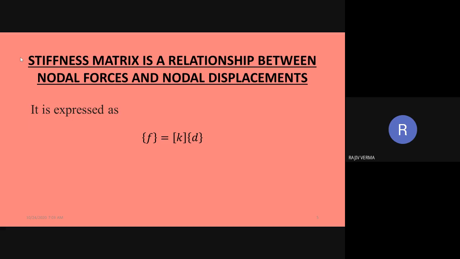But for a body to deform, it really is necessary that the body should be constrained at some particular point. So unless the body is constrained, the body is going to behave as a rigid body, which is going to be indicated by a singular matrix.